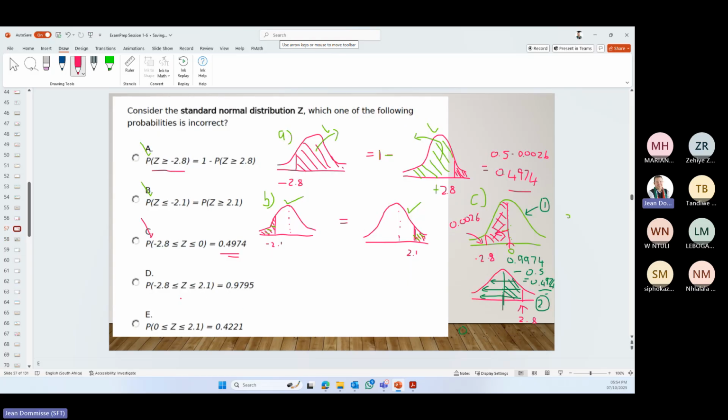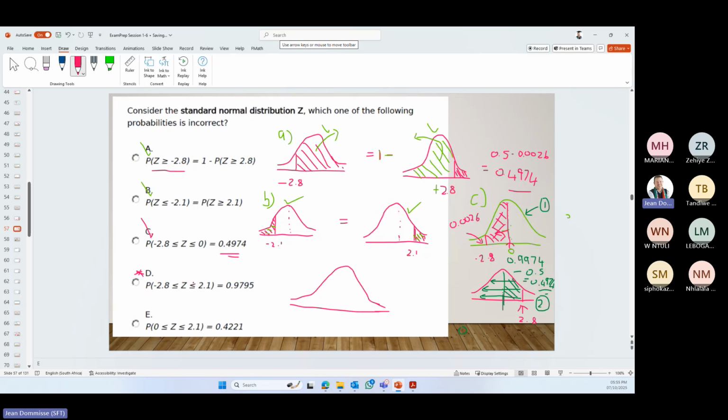Okay, so then probably the most difficult one to work out is D, and the reason why I say it's difficult is because it takes a bit more time than the other ones.